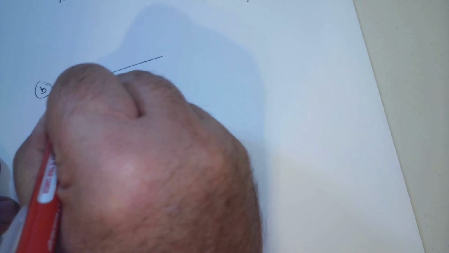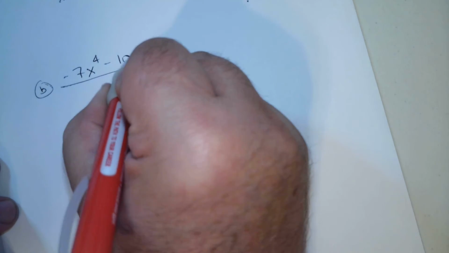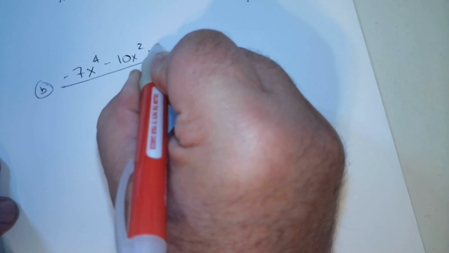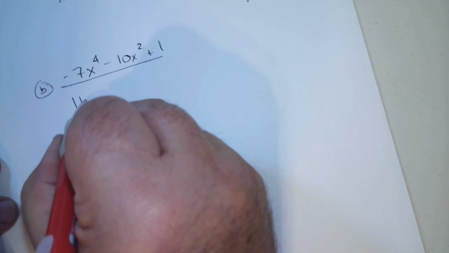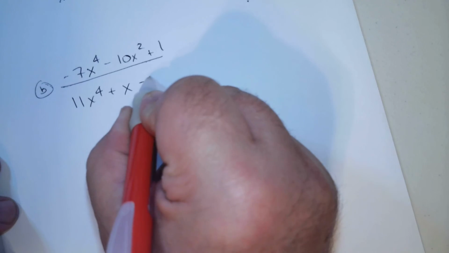All right, let's look at another example. Negative 7x to the 4th minus 10x squared plus 1, over 11x to the 4th plus x minus 2.